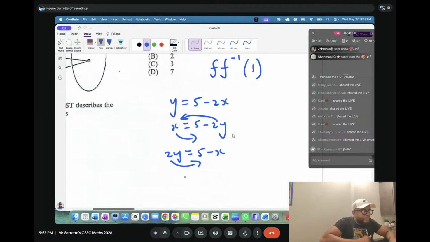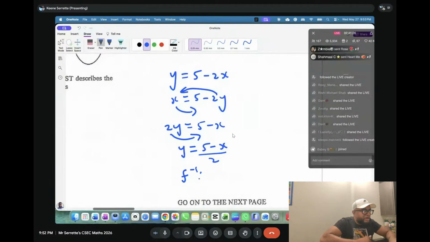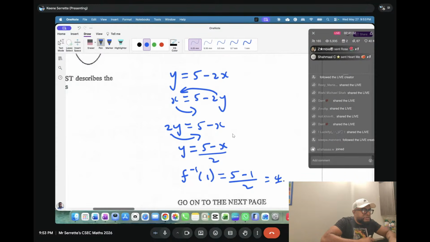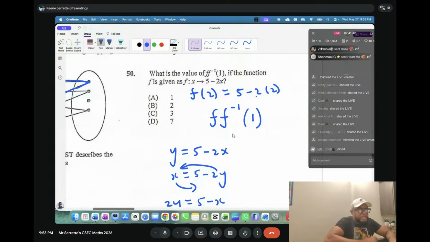Carry the 2 there. y is equal to 5 minus x over 2. This is f negative 1 of 1 is equal to 5 minus 1 over 2. What is it? 4 over 2, 2. So you want to put 2 into this now. It's like you want to find f of 2. That'll be 5 minus 2 over 2. That'll be 1. Are we cooking or are we cooking?